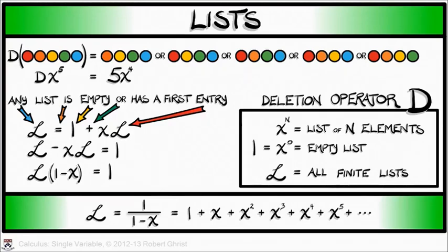In this language we've constructed, you can read this statement as saying that any finite list is empty, or it has 1 item, or it has 2 items, or it has 3 items, or 4, or 5, etc. And so we see yet another interpretation for the geometric series.